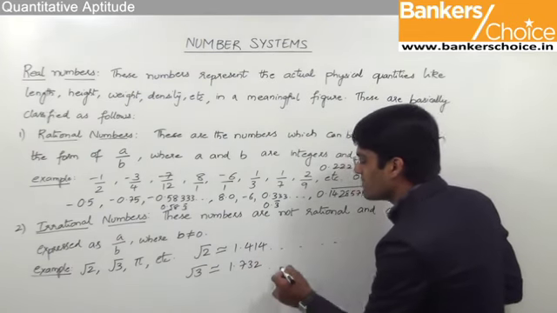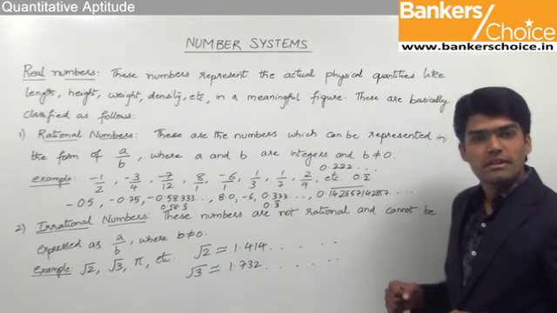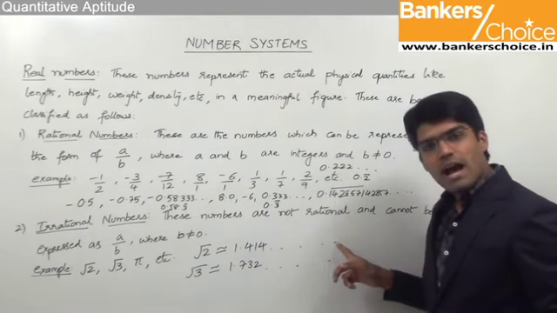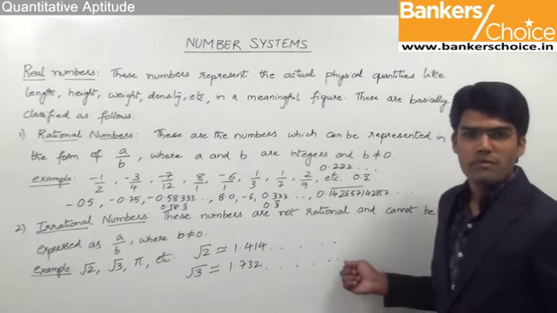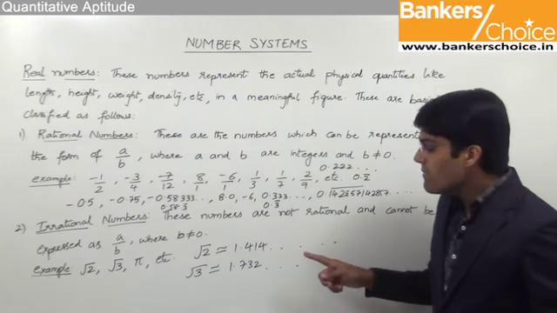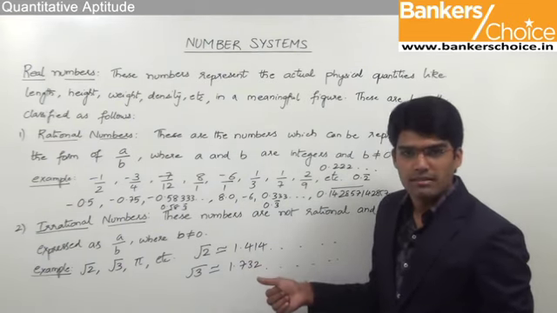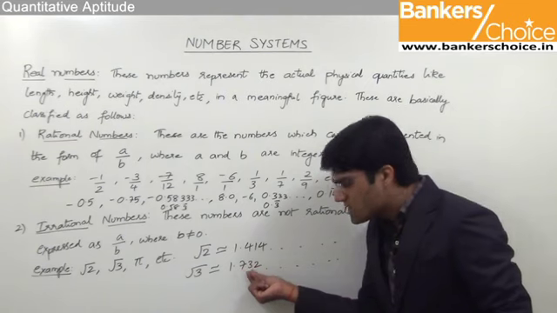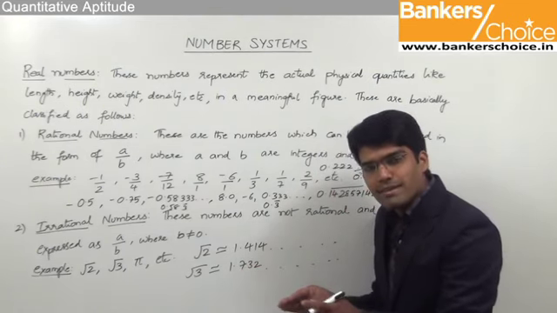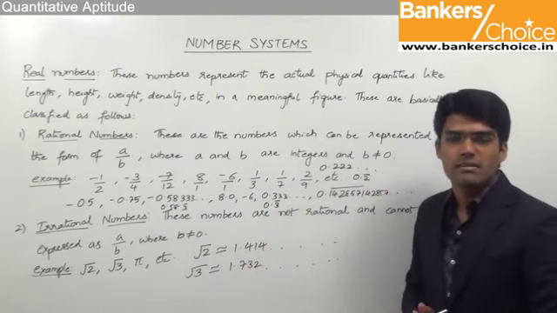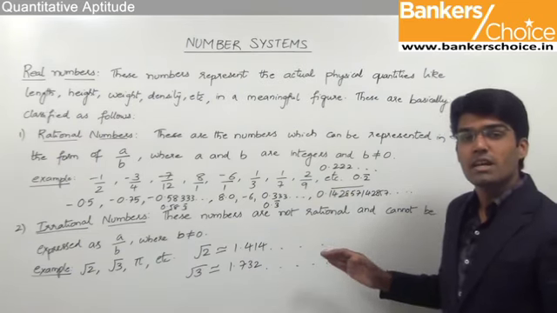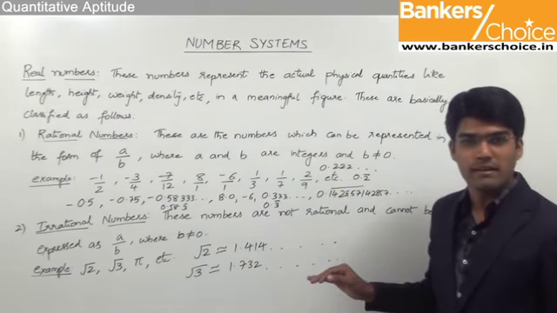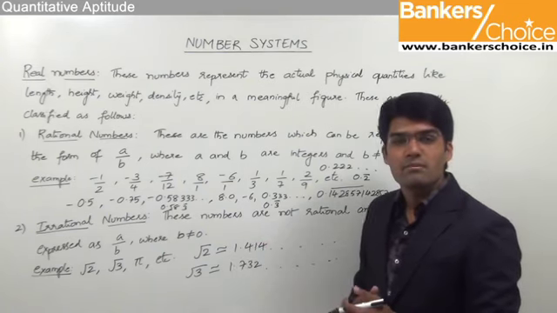The point to be observed here is root 2 or root 3. That means irrational numbers are non-terminating in nature. That means the digits after the decimal point go up to infinity. And at the same time, they are non-recurring in nature. That means there is no particular digit or set of numbers which occurs again and again at regular intervals. So the numbers which are non-terminating and non-recurring are called irrational numbers.